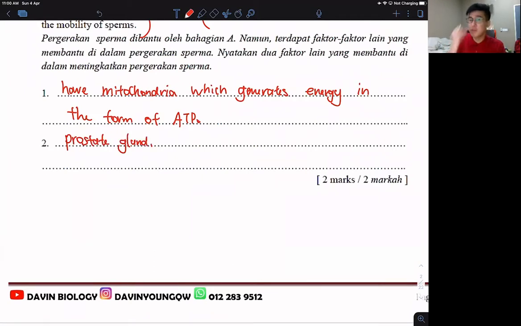Before the sperm come out, they pass through the prostate gland before the penis, which secretes a clear, transparent fluid that provides energy for the sperm. Semen is actually not produced by the prostate gland. Semen is produced by another gland called the seminal vesicle.